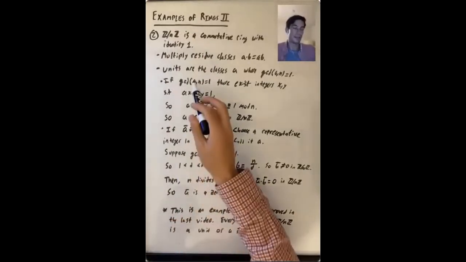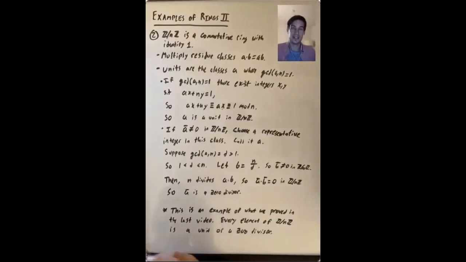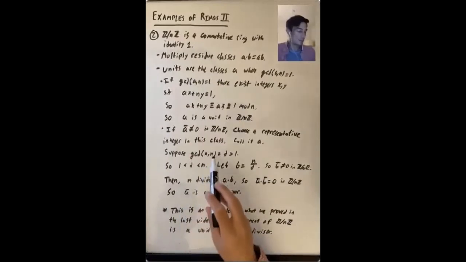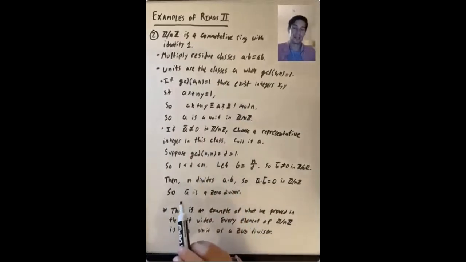And we just take some integer in that class and compute the GCD of a and n. You get a unit when that GCD is 1. And if that GCD is bigger than 1, then you get a zero divisor. So this is one instance of what we proved in the last video, that in a finite ring with identity, every non-zero element is either a unit or a zero divisor.